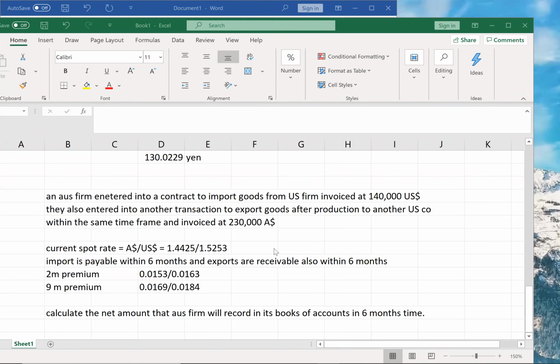Okay, the answer is 103232 Australian dollars. Let us check the answers.